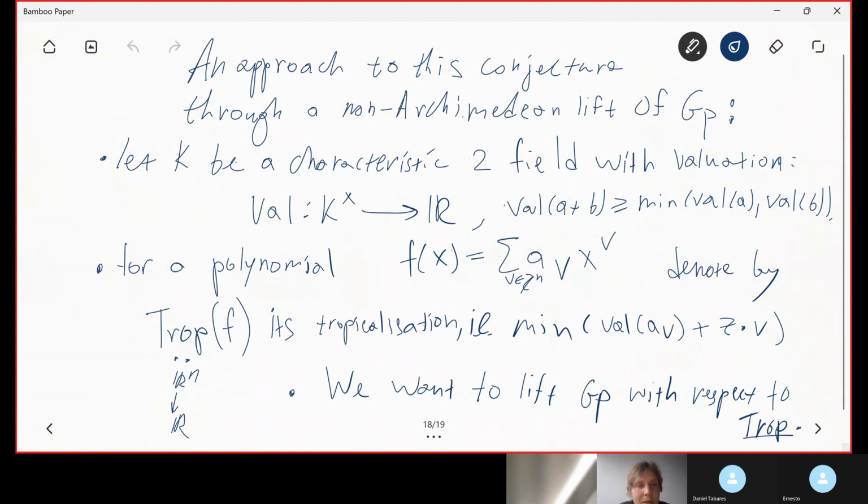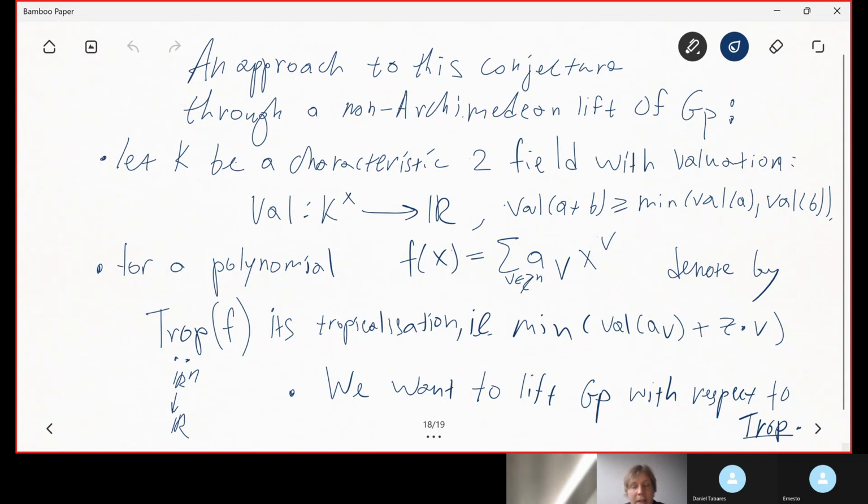In characteristic 2, you take some non-Archimedean field K with real valued valuation. I recall the tropicalization of a polynomial over this field is just taking the minimum, where the coefficient becomes the valuation of a_v.